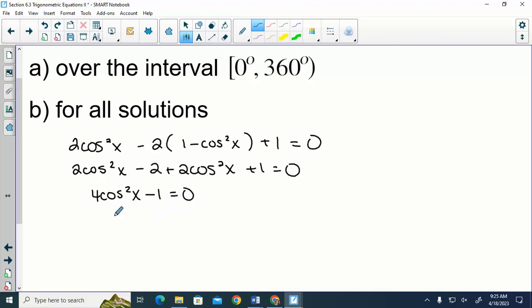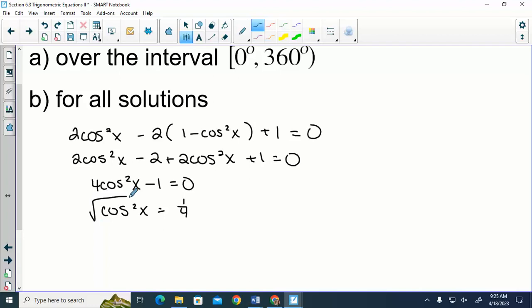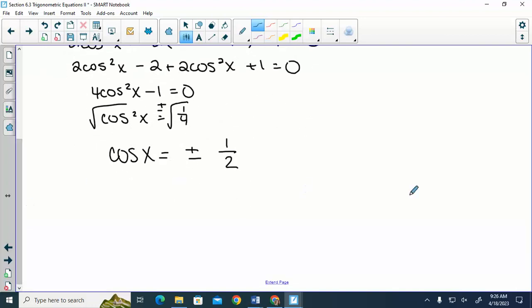So if I'm solving for cosine, I would add over my 1 and divide by 4. How do you get rid of a square? And when you do that, you need, so I get cosine x equals positive or negative, square root of 1 is 1, square root of 4 is 2. Okay, since it says positive or negative, that means I have every quadrant, because it can be either one.